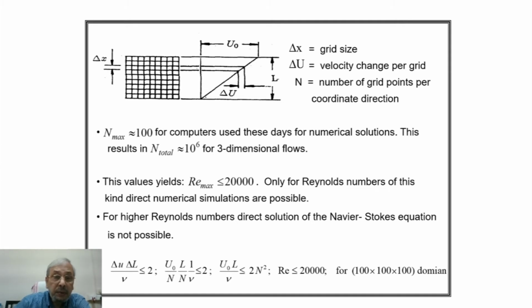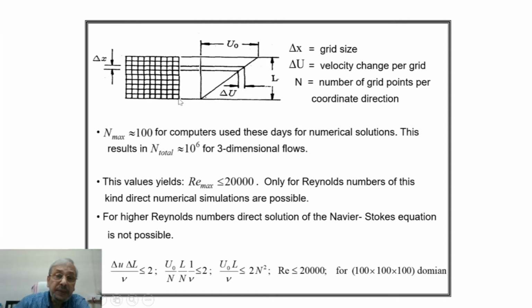Now we will see that the grid Peclet number, which is given by delta u into delta L by nu, for stable calculation has to be less than or equal to 2. So delta u means incremental velocity.